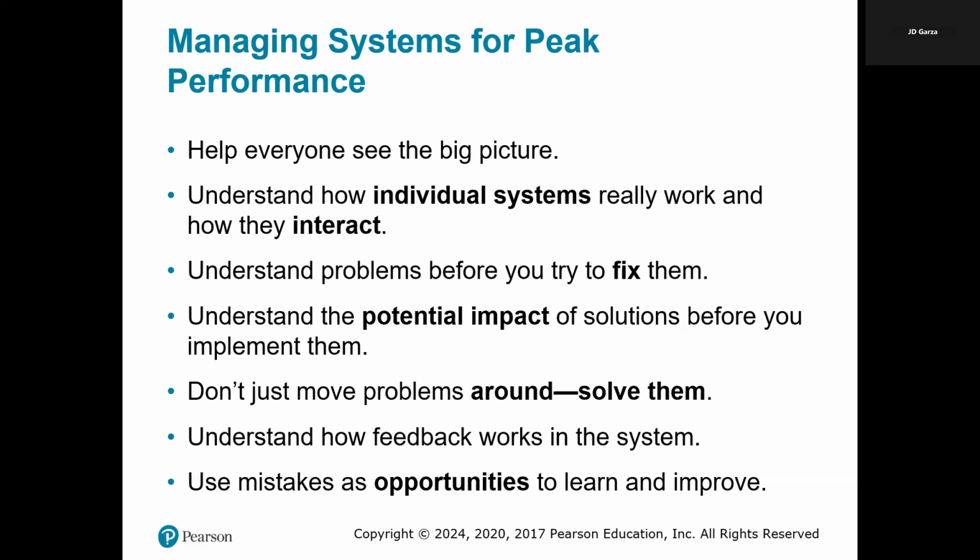So keep in mind that managing systems for peak performance is about seeing the big picture and ensuring that all those components work together, as I've mentioned, seamlessly. It's not just about solving that individual problem, but truly understanding how each part interacts and how it impacts the whole system itself.